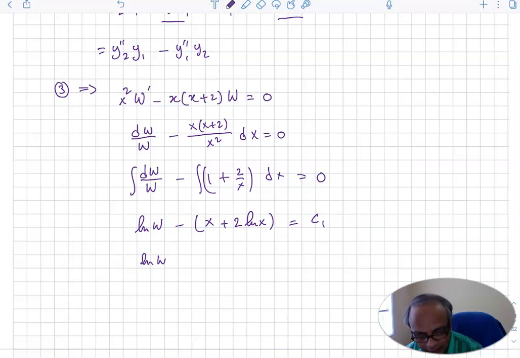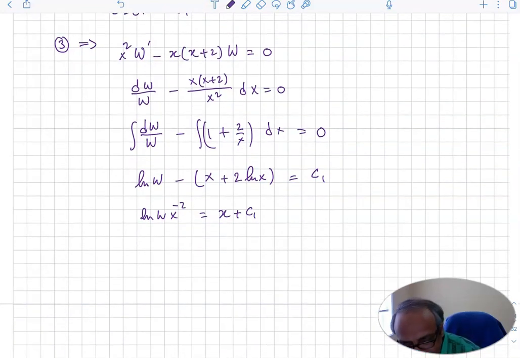Then you can combine them together and take x to the right hand side, so x plus c1. Once you write this, you see that W x to the power minus 2 equals e to the power x times e to the power c1, which you can write as a constant. So here c is e to the power c1.